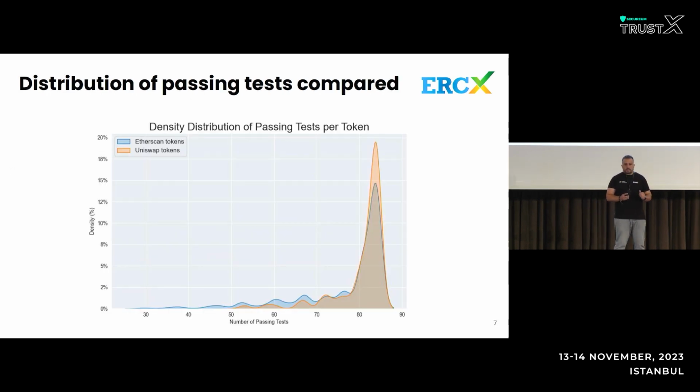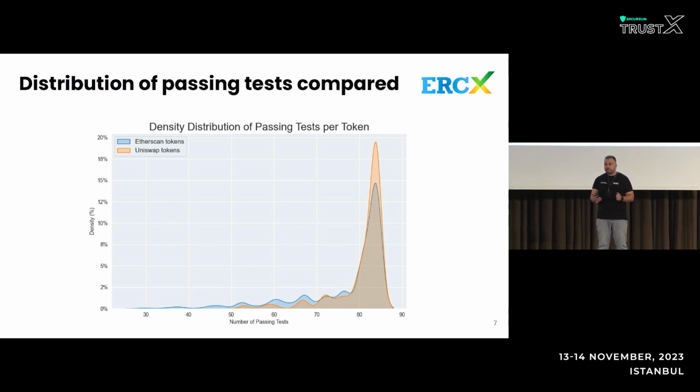Trying to compare this further, we can display the density plot and put the two distributions on top of each other, confirming the common trend between those token lists and seeing a slightly higher passing rate on Uniswap because it is a smaller list with more curated tokens.